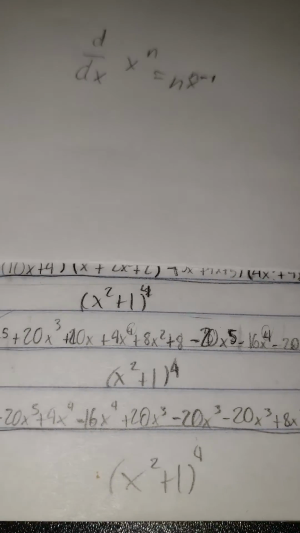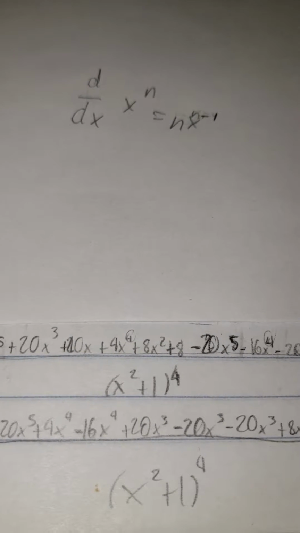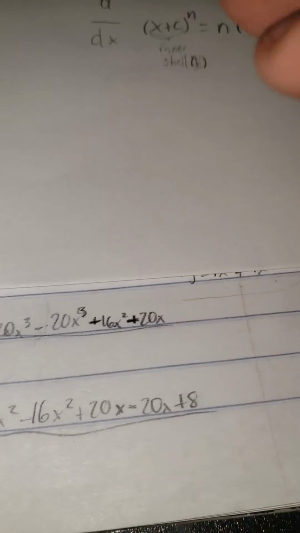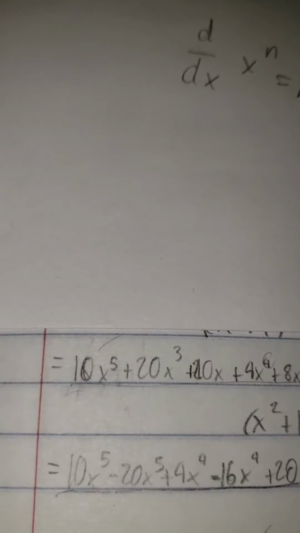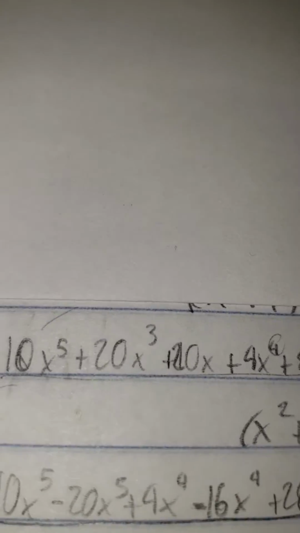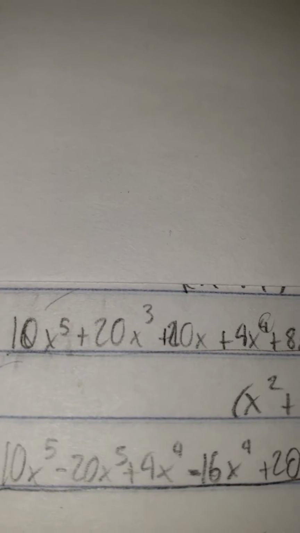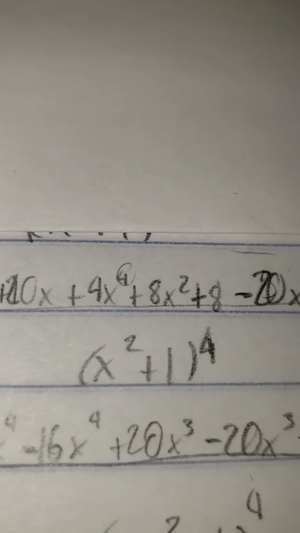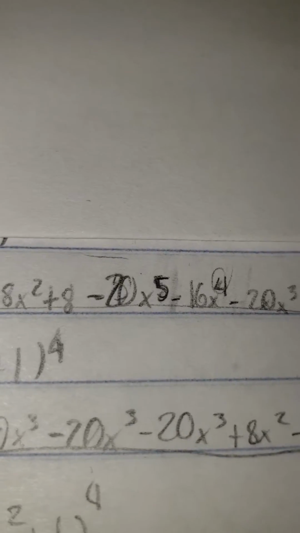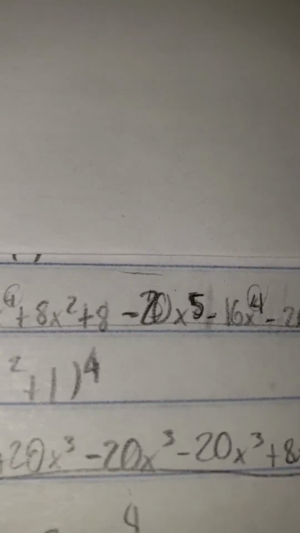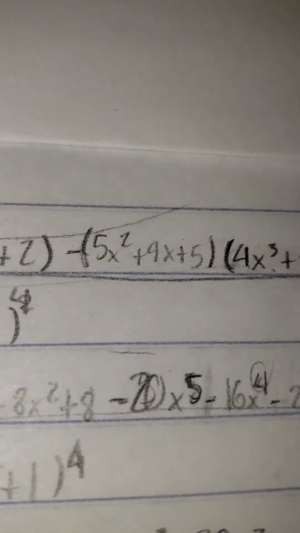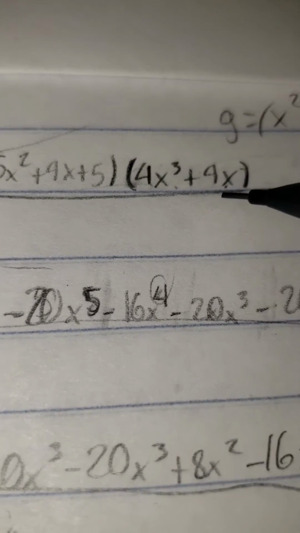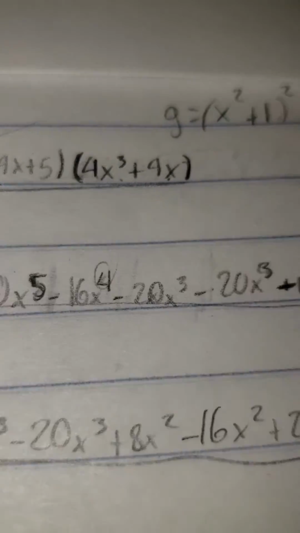But after that, we move on to this bit right here, which is far longer, taking up almost the entire line of my notebook, which is 10x to the power of 5 plus 20x cubed plus 20x plus 4x to the power of 4 plus 8x squared plus 8, and then the entire side here, since it is minus, everything here that was originally with a plus sign is now a negative sign.